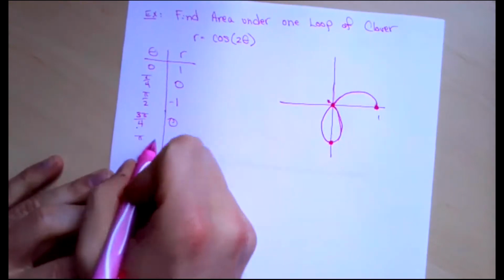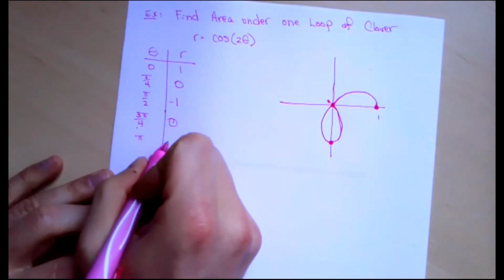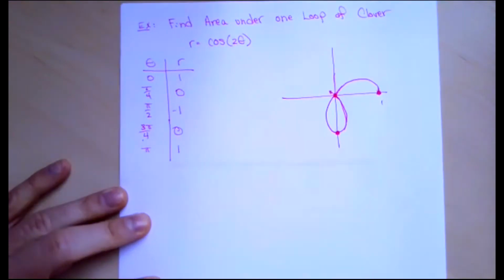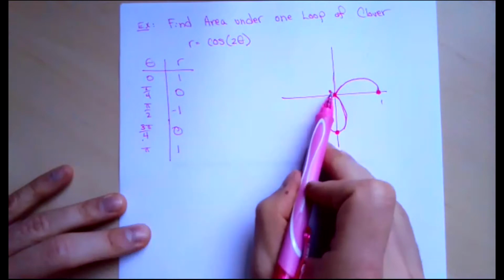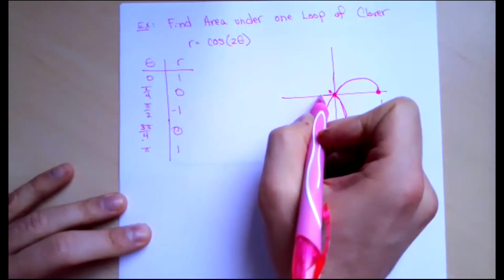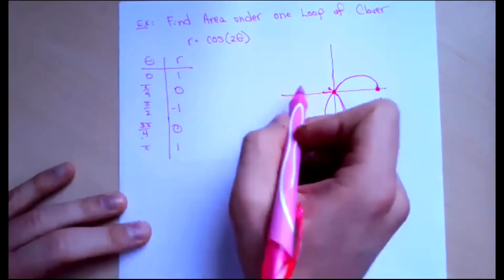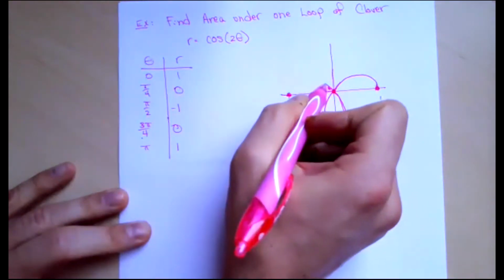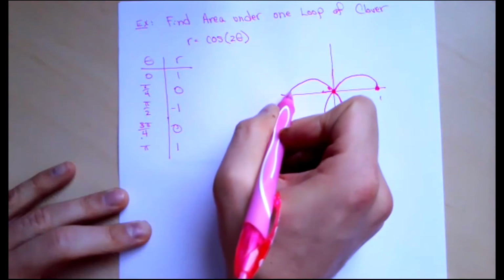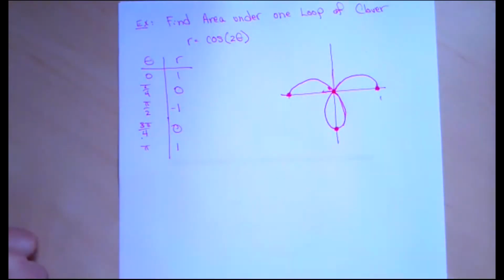And then at pi, we'll have cosine of 2 pi, which is 1. Going to be a little weird again, though. Radius is 1, but my angle now I'm pointing at pi. And so we will be here. So it'll come around and then pass through that point. That's essentially the first half.